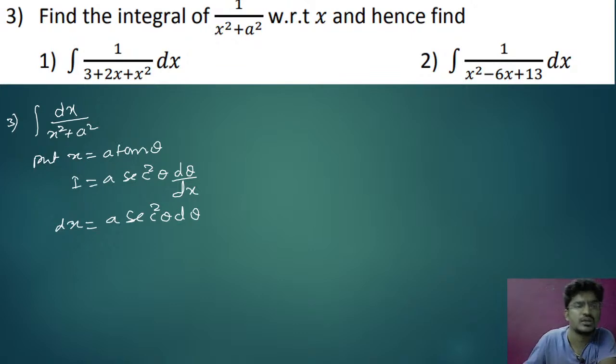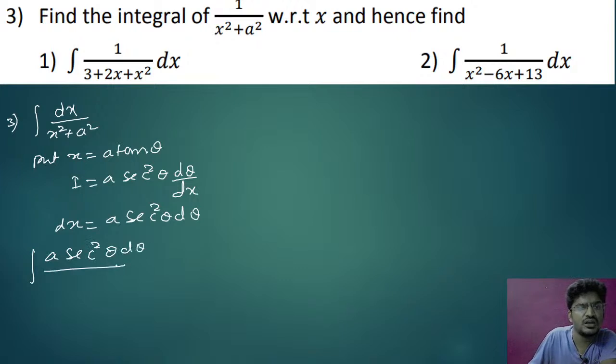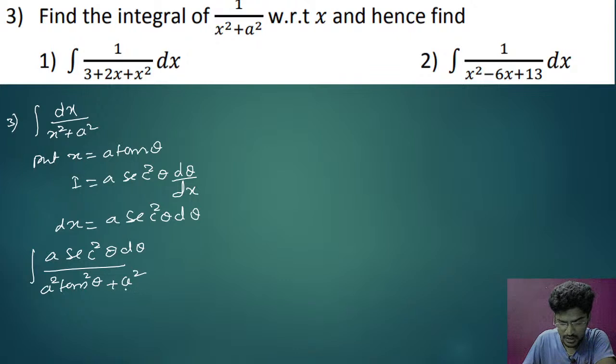Now replace the terms. Integration of dx as a secant square theta d theta divided by x value is a tan theta, that will be a square tan square theta plus a square. So now here you can see a square is common, take it outside.